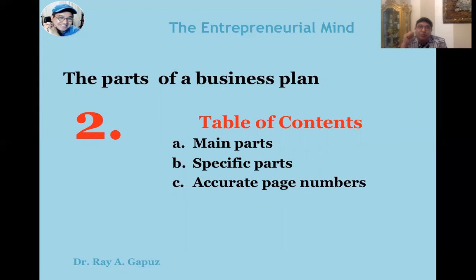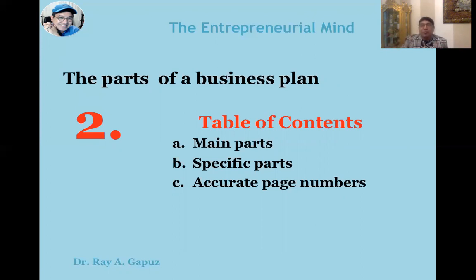And one of those things that a lot of those who write their business plans would not be so keen about is ensuring that the page numbers, the pagination, are specific to what is found on the table of contents. Specifically, if you've added figures or tables or pictures in between your text, it could have moved the labels for the parts.